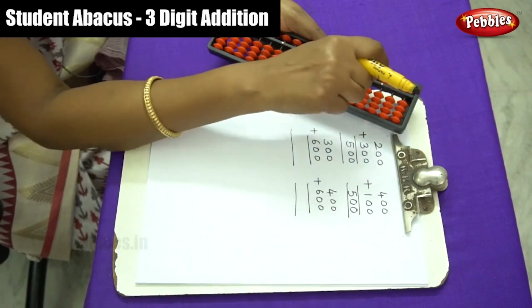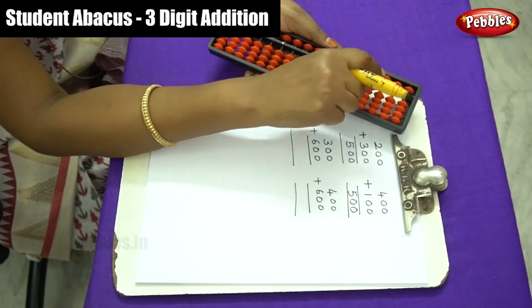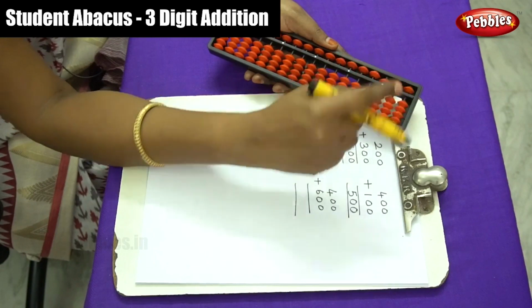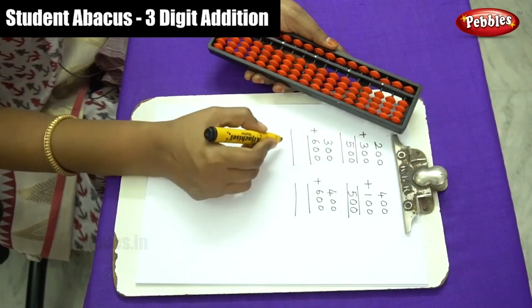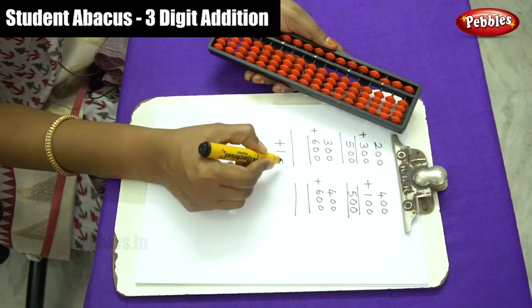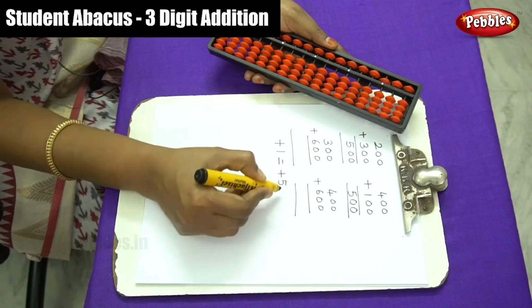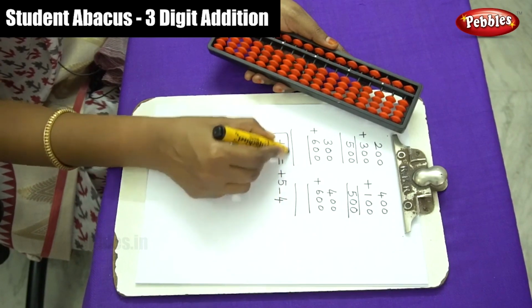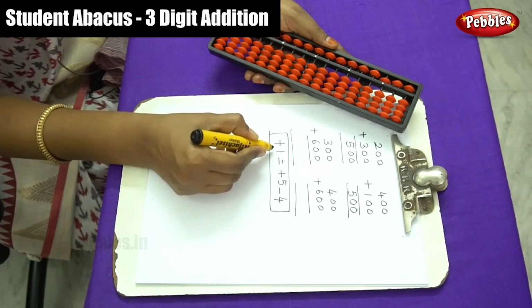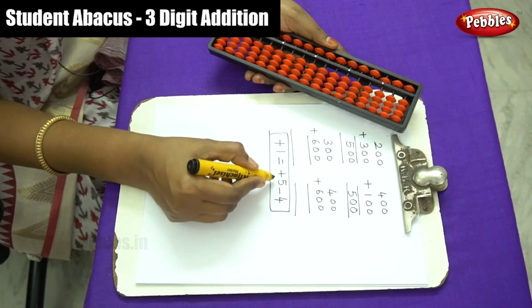Make sure it is at 0 level. Do you understand this? For this, plus 1 equals plus 5 minus 4. That is plus 1, it's a complement of the plus 5 formula.